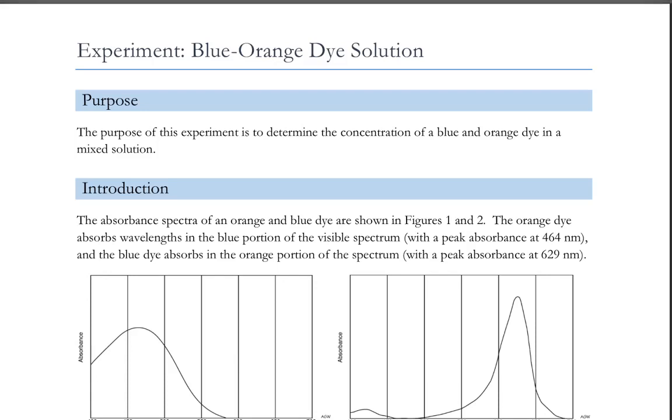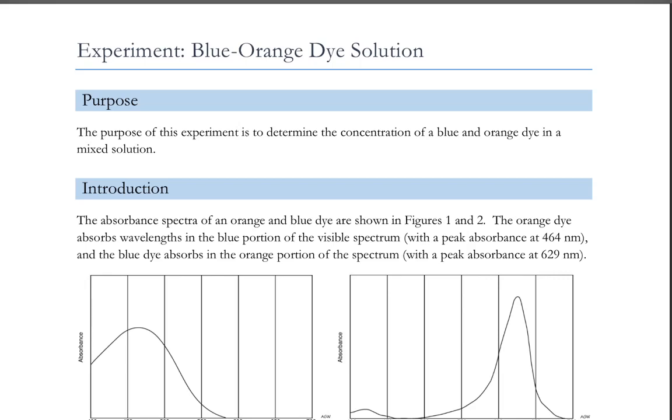In the blue-orange dye solution experiment, we have a mixture composed of a blue dye and an orange dye, and our job is to determine the concentration of the blue dye and the concentration of the orange dye in this mixed solution.